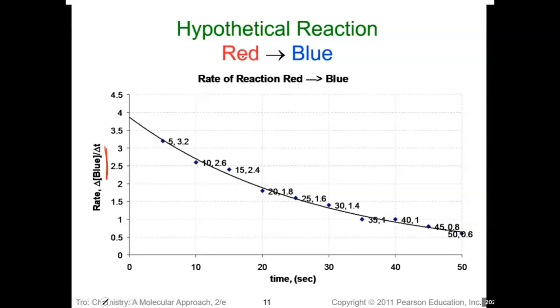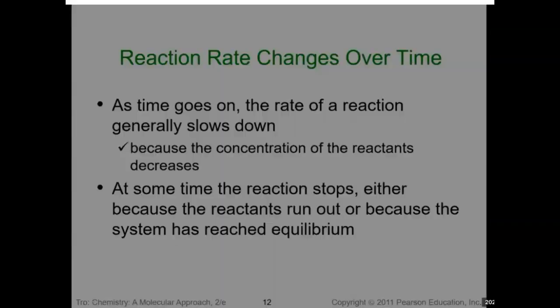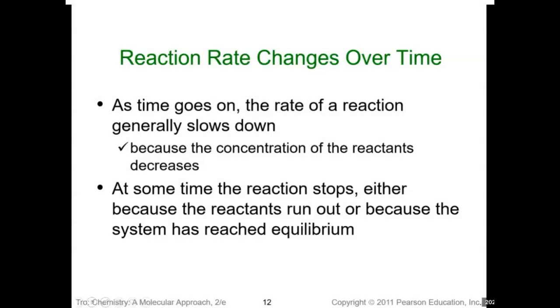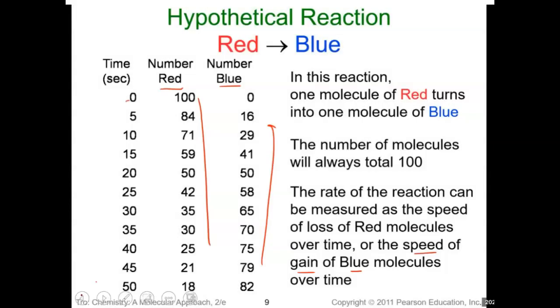Okay, so now let's look at how this rate changes over time. As time goes on, the rate slows down, and we're going to talk about how the concentration of the reactants decreases. Because if you are at the beginning of your reaction, you have a lot of reactant molecules, right?